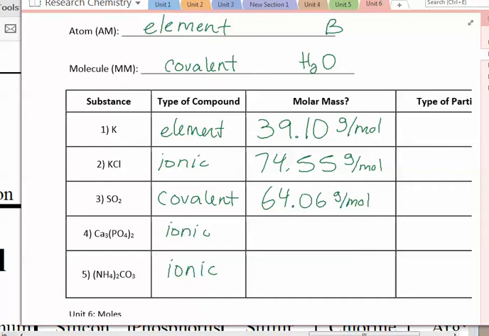So when you add it up, you take 1 sulfur and 2 oxygens. The next one's a little trickier because you have more things. So you would need 3 calcium, 2 phosphorus, and 8 oxygens. You can go through, get the mass of each of them and multiply them by those numbers, or however you're comfortable doing it in order to calculate the molar mass.